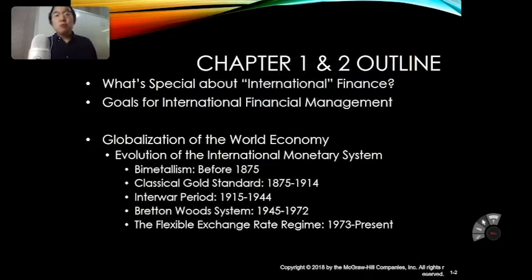Then we'll move down to the fun part, which is globalization of the world economy. This part is talked about in chapter 1, and is also mentioned in chapter 2 in various different ways, so I try to combine it. The whole idea is that there is a wave of globalization, coming and going.